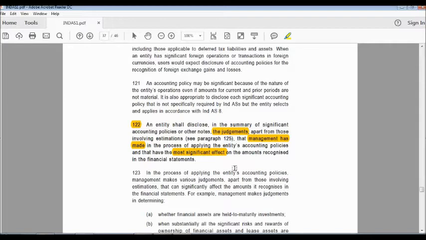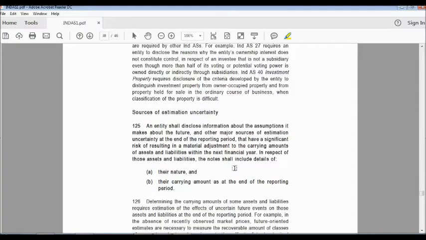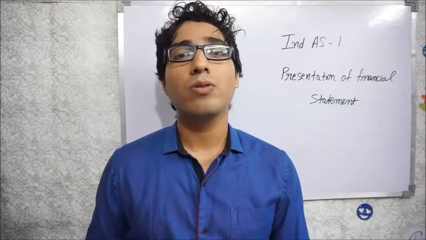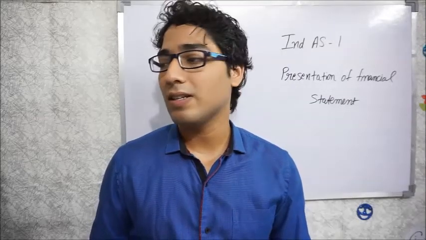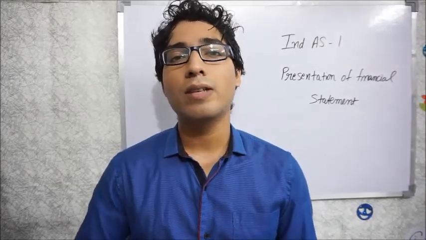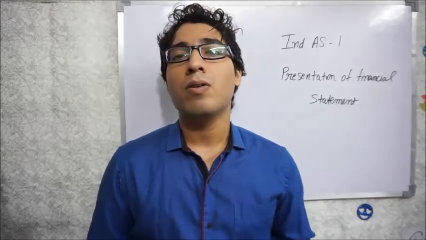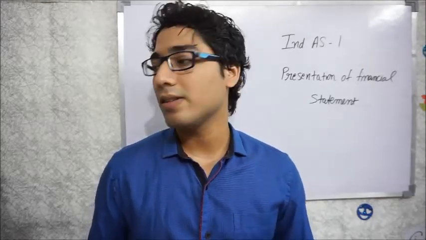Management now has to also disclose the judgments which they use and which have the most significant effect on the amounts recognized in the financial statements. Very major differences between Ind AS and existing accounting standard 1. So now management has to also disclose the judgments they make while drafting the financial statements.